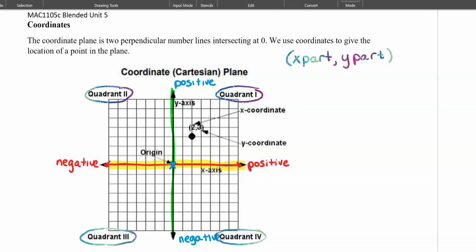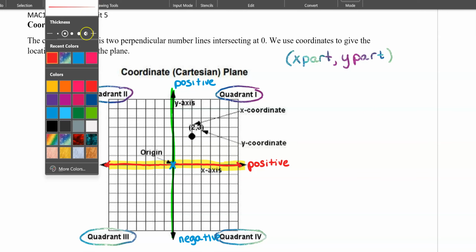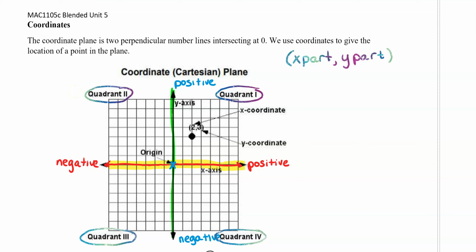So if I wanted to draw something like the location 2, 3, the 2 is the x part. So this is either going to be left or right. Now, how do you know?